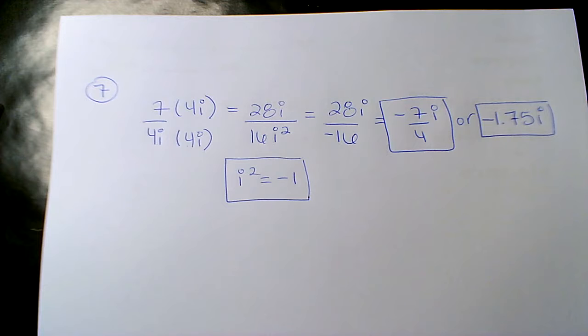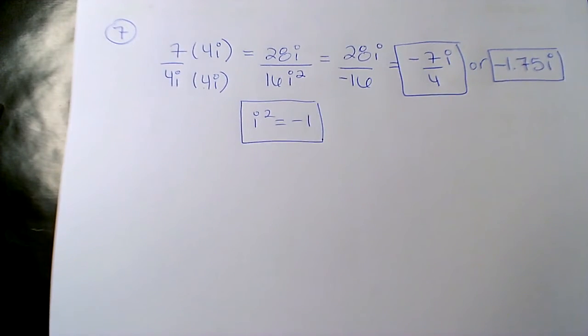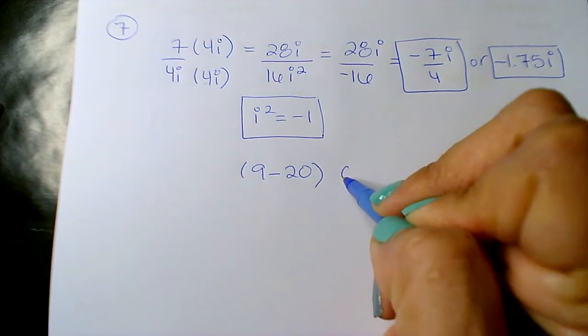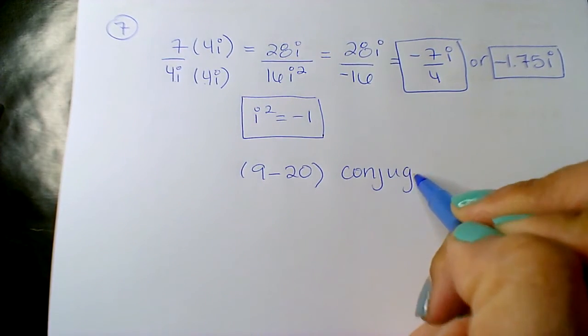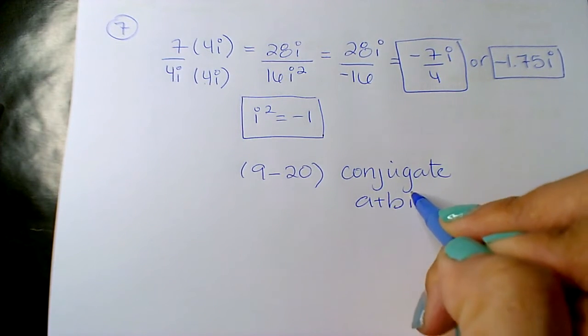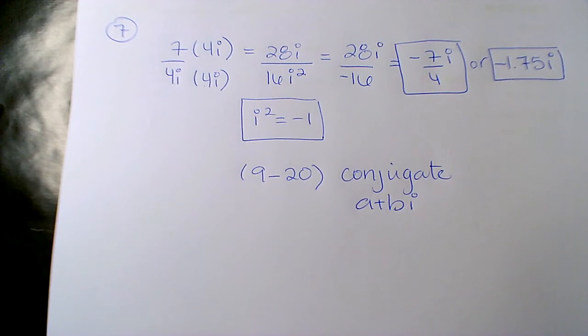Okay, what happens like 9 down? So this is now 9 through 20. It's called the conjugate. Now what that means is you now have a real and an imaginary part. So it's a binomial, has 2 terms. The conjugate means you change the sign of the second term, which would be your imaginary part.